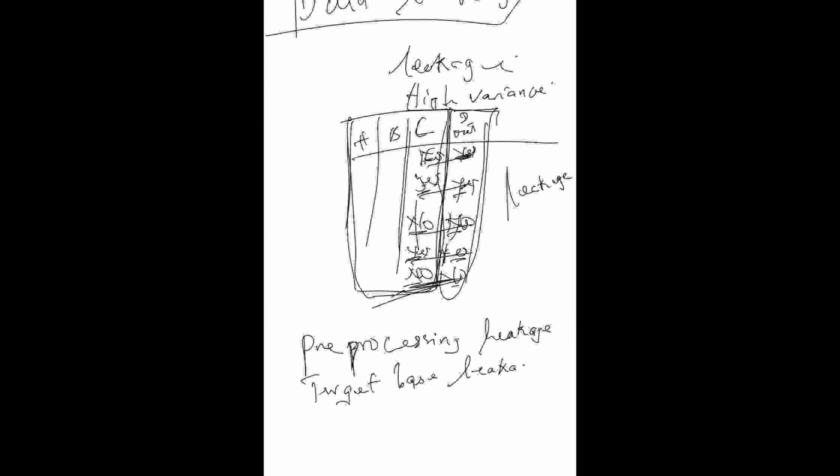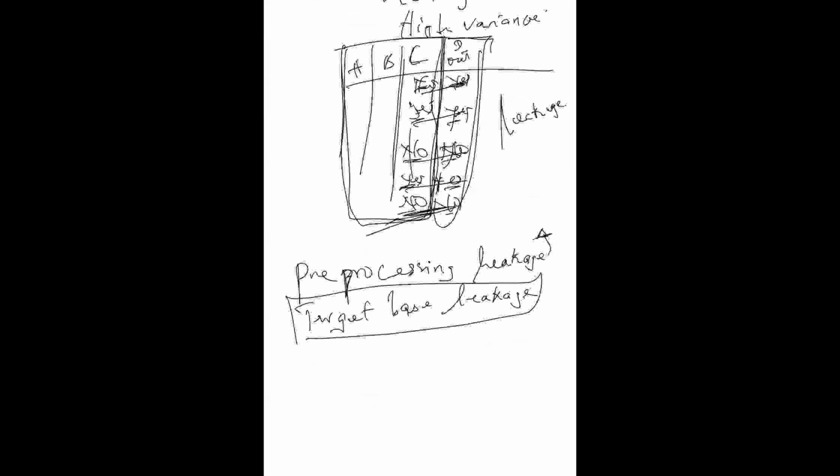And I said, to avoid pre-processing leakage, what you're going to do is split your data into train and test before encoding. And to solve the problem of target-based leakage, there's a concept called cross-validation.